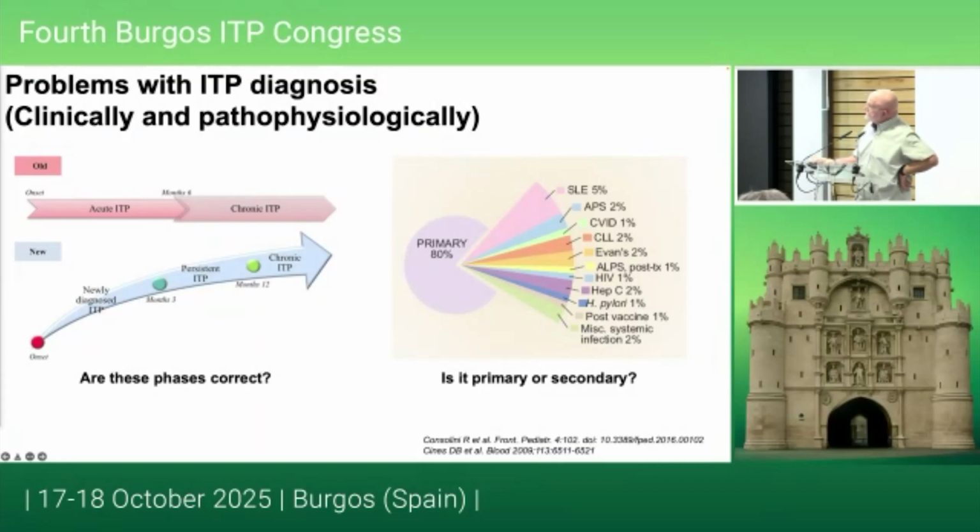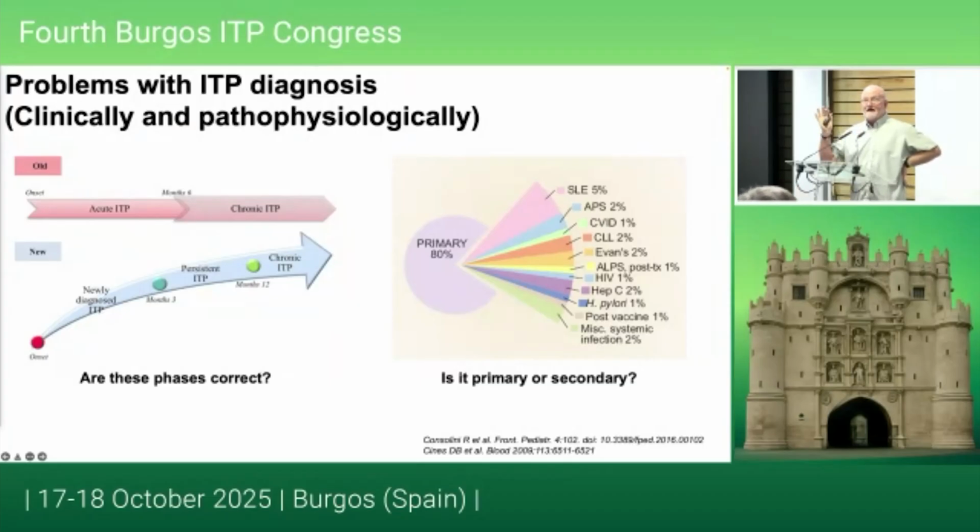And of course, the phases of diagnosis are here on the left, and they're new from the old categories: newly diagnosed, persistent, and chronic. And on the right is from Doug Cines' Blood paper almost 10 or 15 years ago now, showing that in fact, maybe 70 to 80% of the patients you diagnose are really primary ITP.